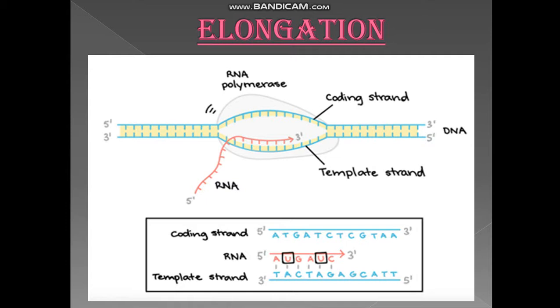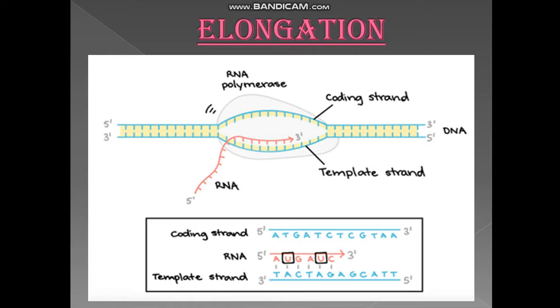Till now, in the initiation process, RNA polymerase was just holding the promoter region and giving the signal that from here the gene has to be transcribed. But as soon as the transcription has started, RNA polymerase leaves the promoter region and moves through the bubble, and continues with the process of transcription by elongation.